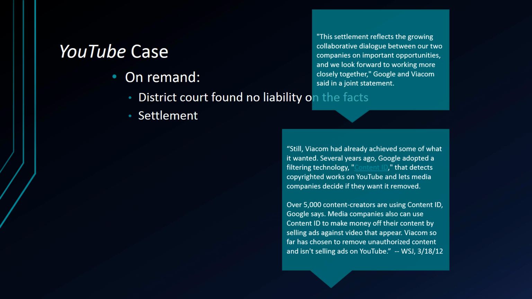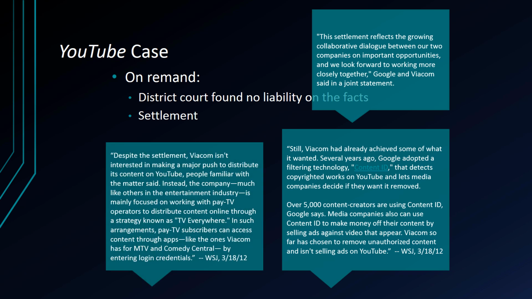Now, this was interesting too. This was as of 2012. So as of 2012, Viacom was saying, we really don't view YouTube as a channel for most of our content. We think that there are other kinds of apps, other kinds of pay TV operators that are better outlets for us.